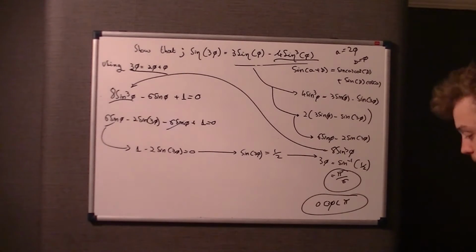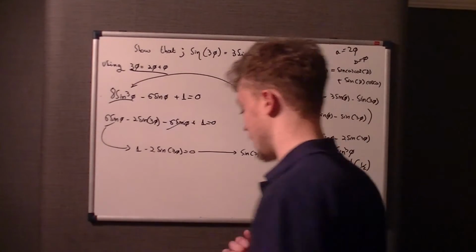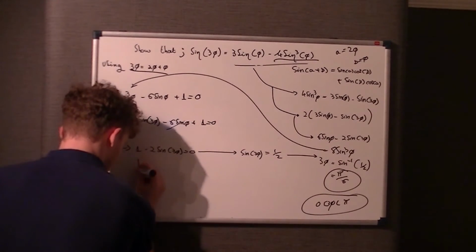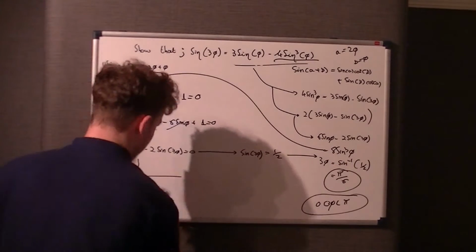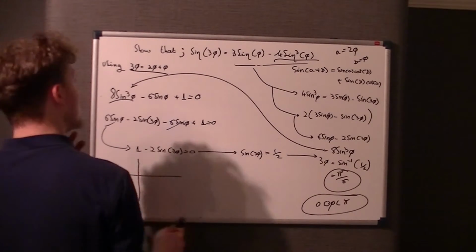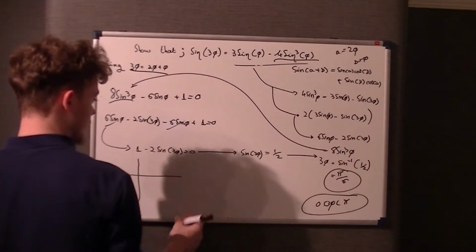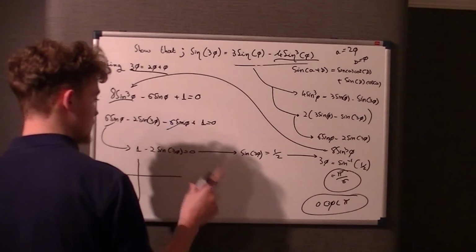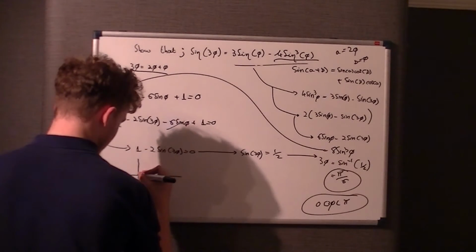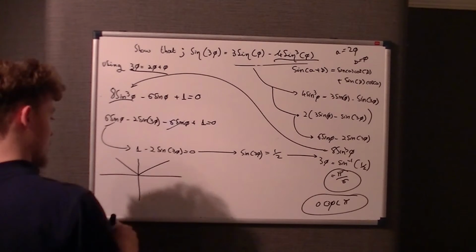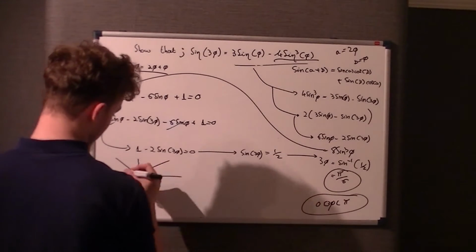Now, I always use this method because I find it the easiest, and I always say that. I use the CAST method. Some of you just remember the formula of what to add and what to take from each function. Our angle is pi on 6, and it's where sine is positive, so it's in the top right quadrant and top left quadrant.